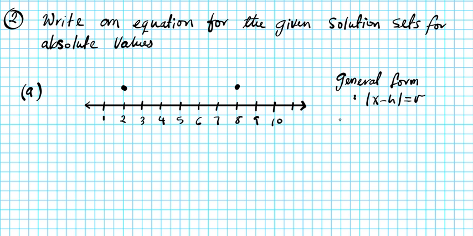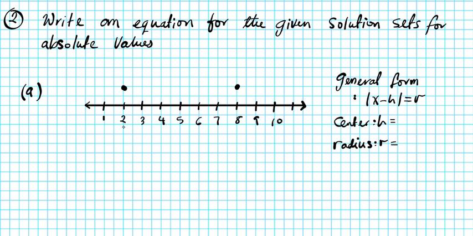Remember, the center is h and the radius is r. So all we need to do is find the center and the radius, plug them into this equation, and we're done.